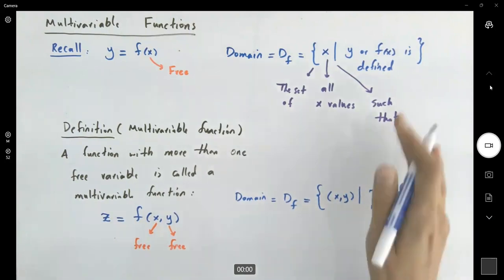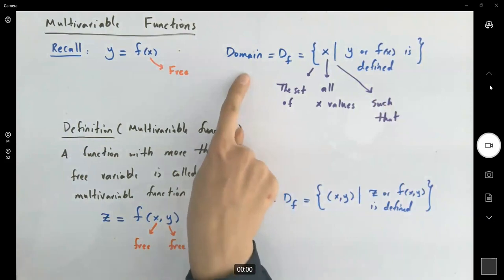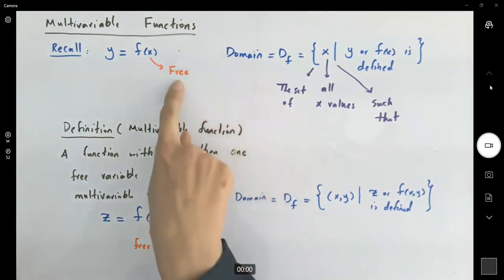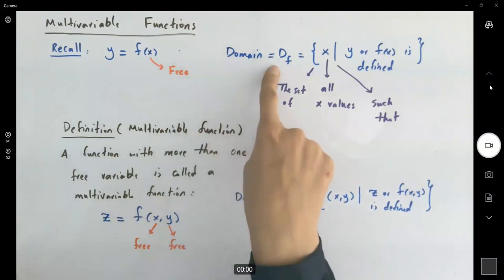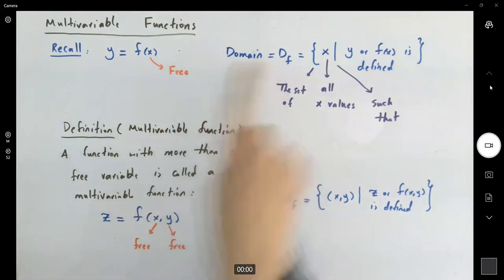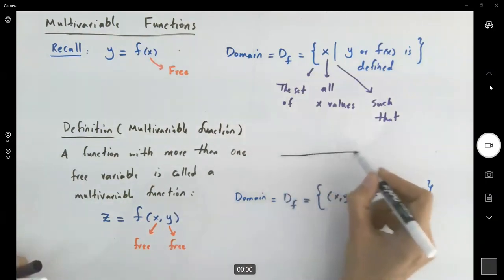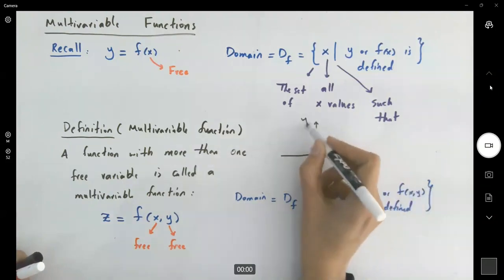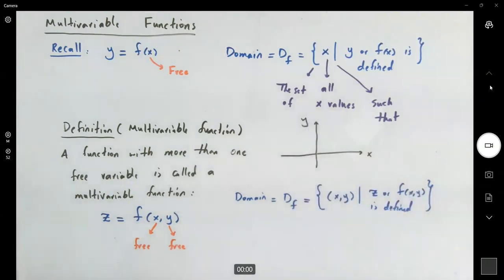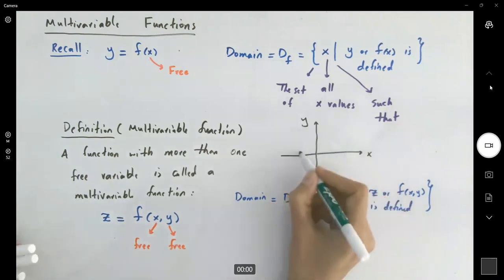So what's the difference between these two? When you're talking about the domain of a function with one free variable, this domain is a subset of the real line, part of your x-axis.